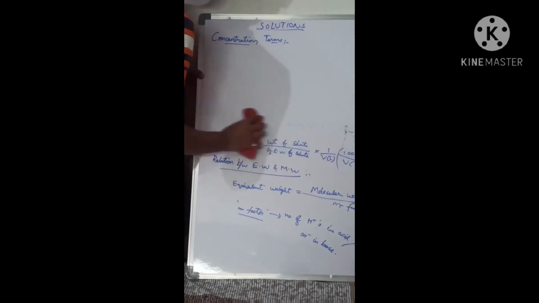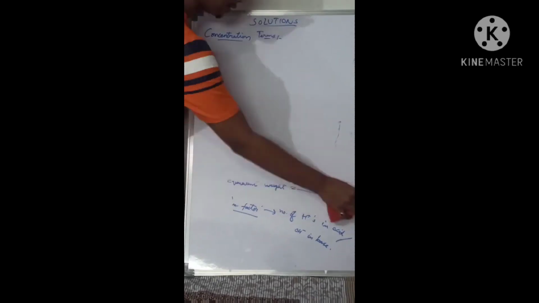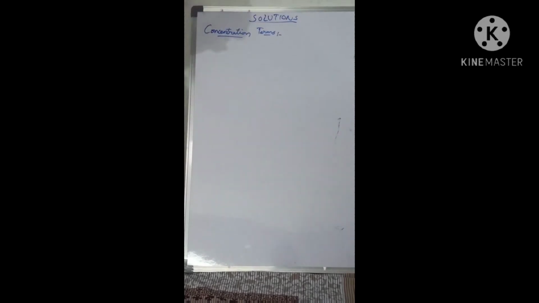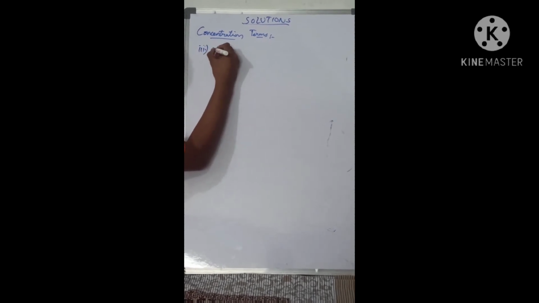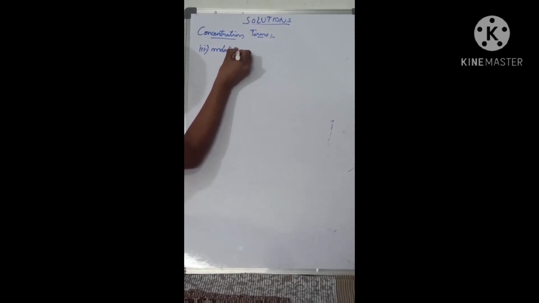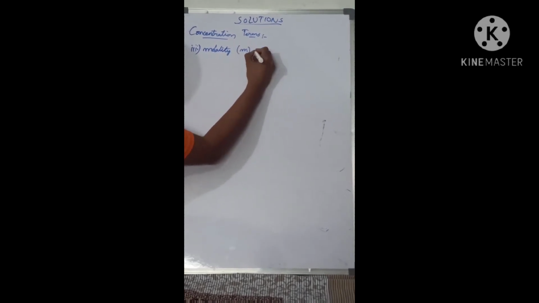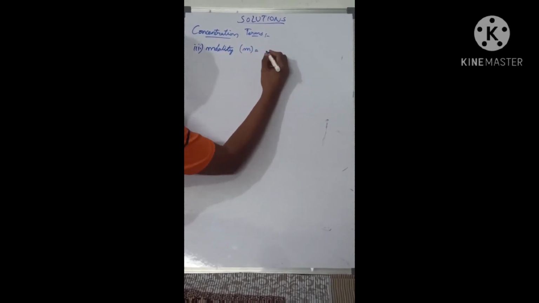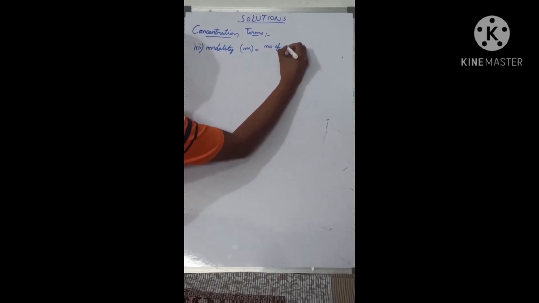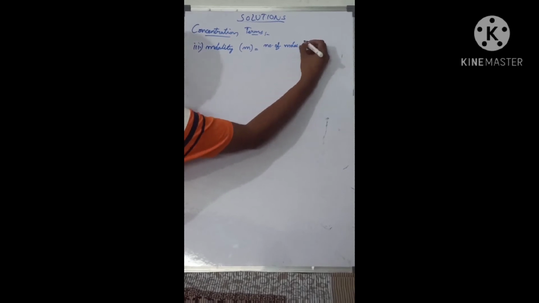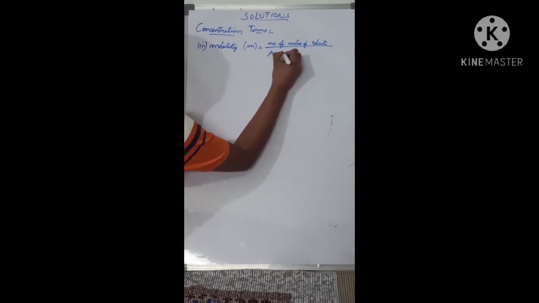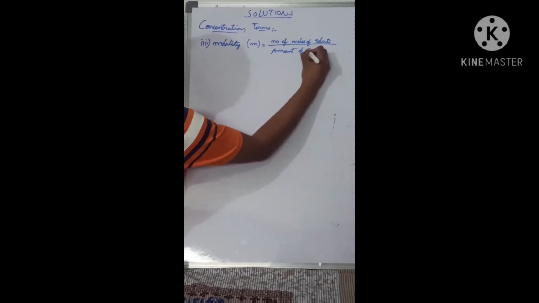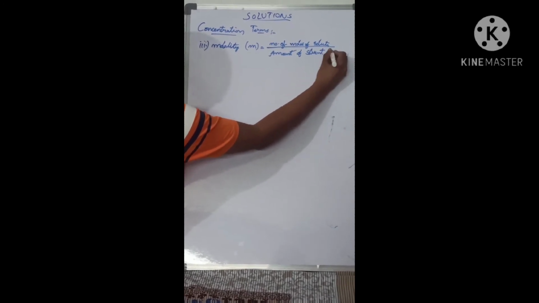Next we are going to discuss molality. What is molality? Molality is denoted by the letter small m. Molality is nothing but the number of moles of solute divided by the amount of solvent in kgs.